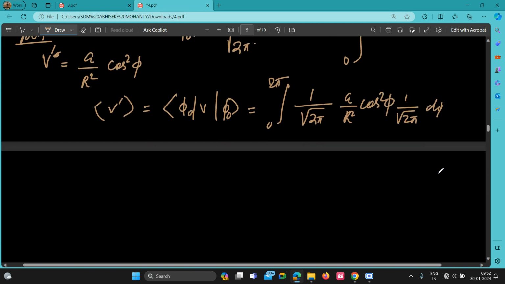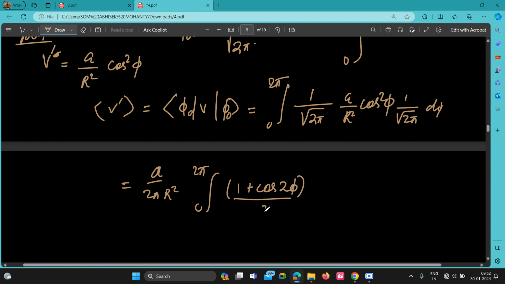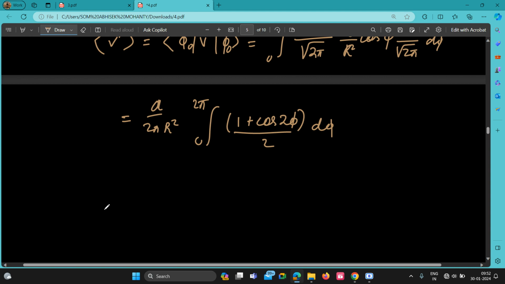So 1 by 2 pi goes out, A goes out, r square goes out. So the integral from 0 to 2 pi of cos square phi, I can write as (1 plus cos 2 phi) by 2, d phi. Isn't it right?